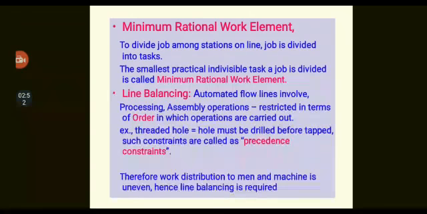For example, threading a hole, which involves the hole must be drilled before tapped. Such constraints are called precedence constraints. Therefore, work distribution to men and machines is uneven. Hence, line balancing is required.